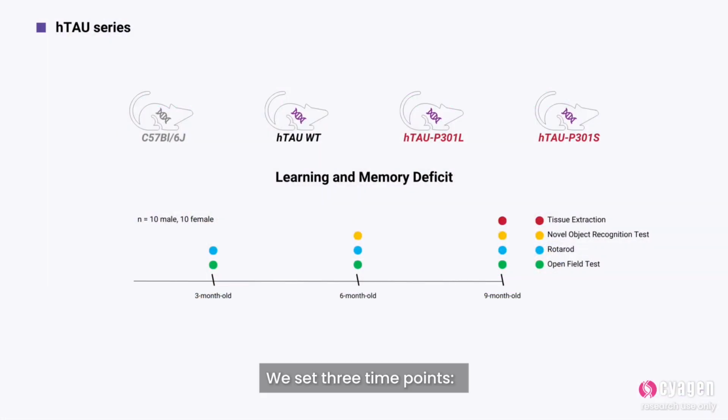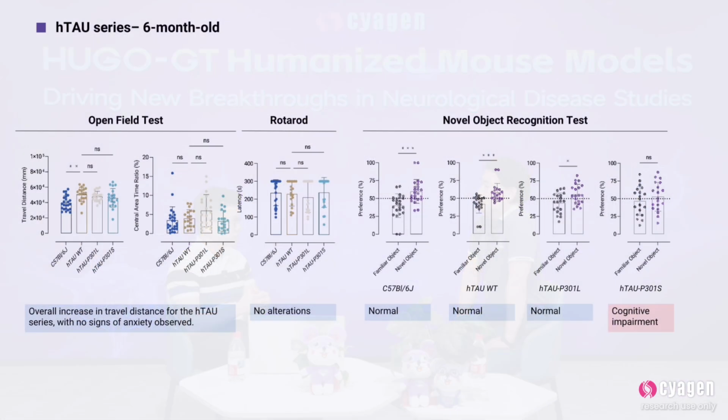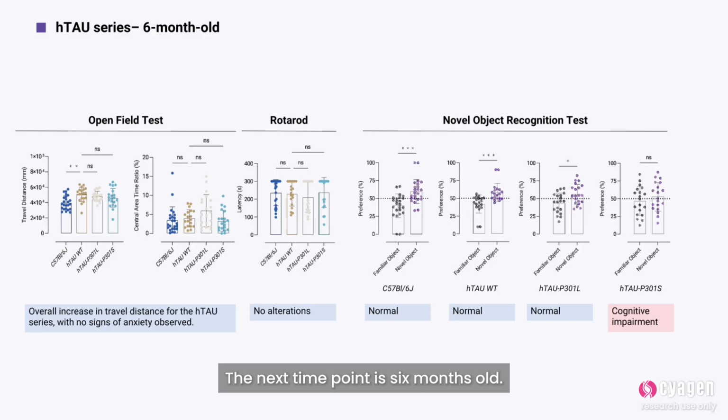So what do you see in these models? We set 3 time points: at 3 months old, at 6 months old, and at 9 months old. At 3 months old, it's safe to say there is no behavioral pathology. The next time point is 6 months old, and now things are getting interesting.